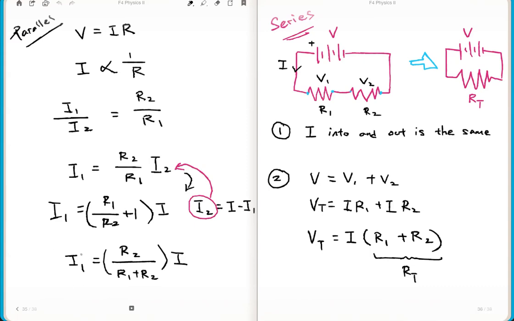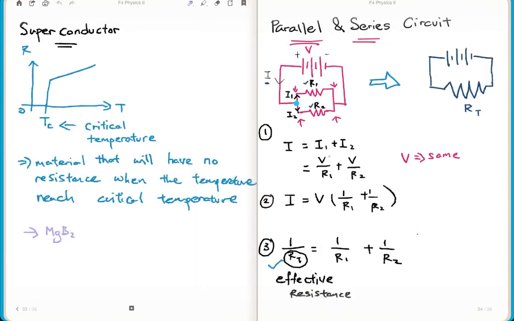The current splits, so the current is inversely proportional to R. So instead of R1 here, you use R2, the opposite resistor: I1 equals R2 over R total times I. This is the equation that you should know for parallel circuit, in addition to the effective resistance, which you know already by now.